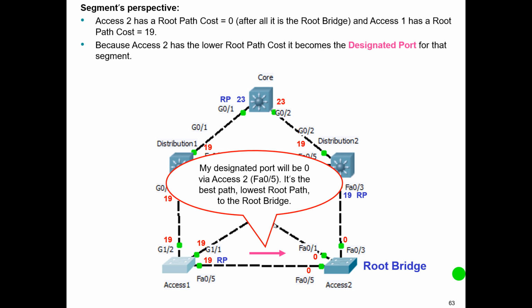So what will happen is it will send it via the FA05 to access 2 via access 1's interface, because that's going to be the lowest path cost. So that will be my designated port.